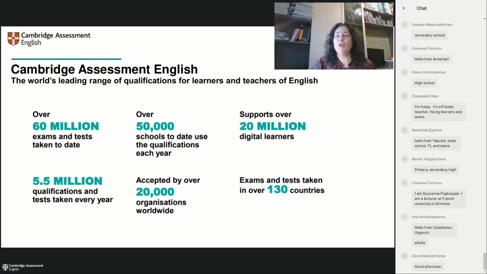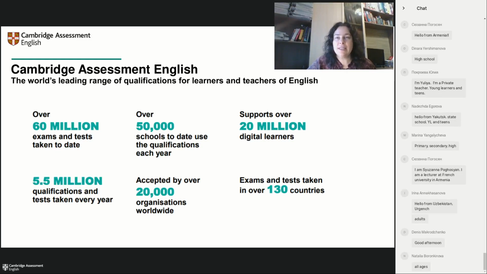Those who know how languages are learned have some benefits over other candidates and they can get a job easily. As you can see, the slide shows some statistics, like over 5 million people in 130 countries take different types of Cambridge exams every year. And as I have already mentioned, the range is impressive.